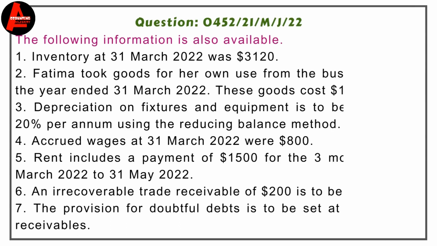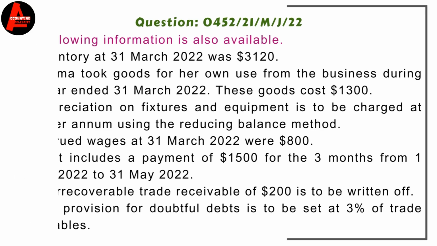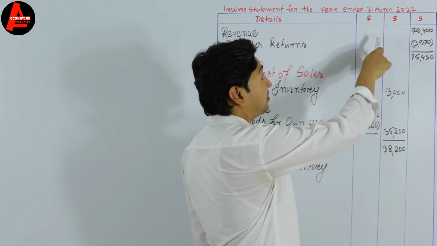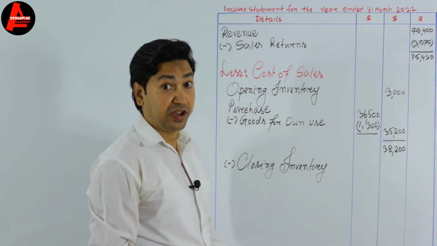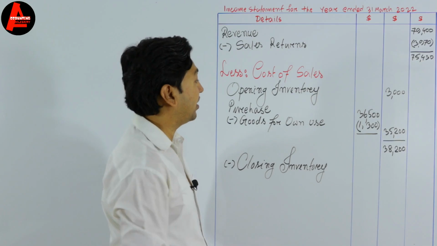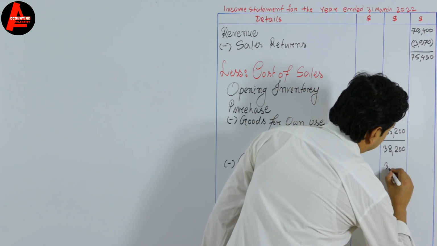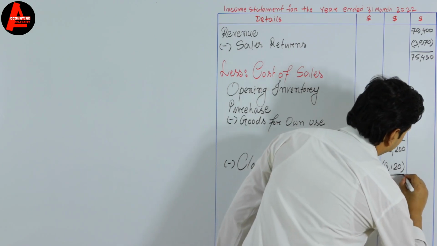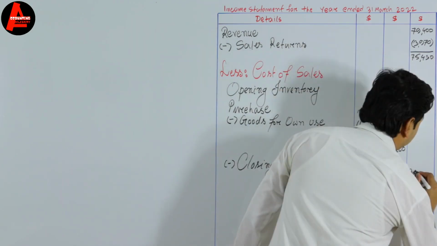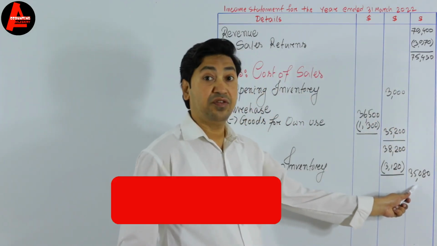On the adjustment, number 1, inventory at 31st March 2022 was $3,120. We are doing this account at the end of the financial year, 31st March 2022, so on this day we have closing inventory which is $3,120. We will subtract this amount. If we subtract, we get here $35,080. This is our cost of sales.